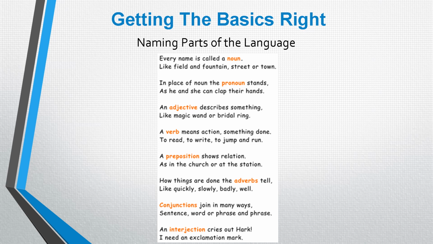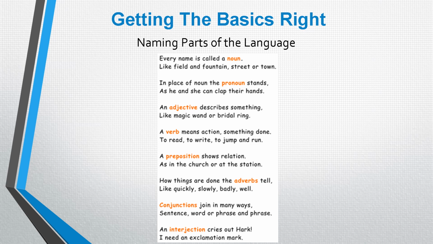A preposition shows relation, as in the church or at the station. How things are done, the adverbs tell, like quickly, slowly, badly, well. Conjunctions join in many ways, sentence, word, or phrase and phrase. An interjection cries out, hark, I need an exclamation mark.